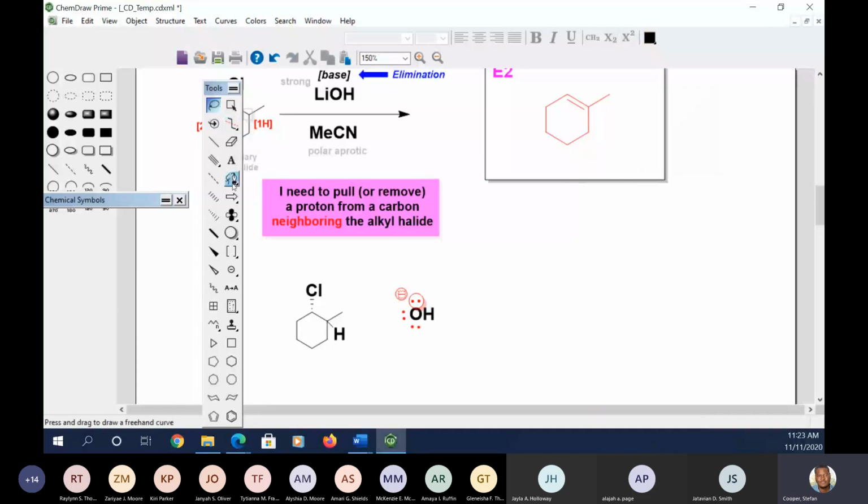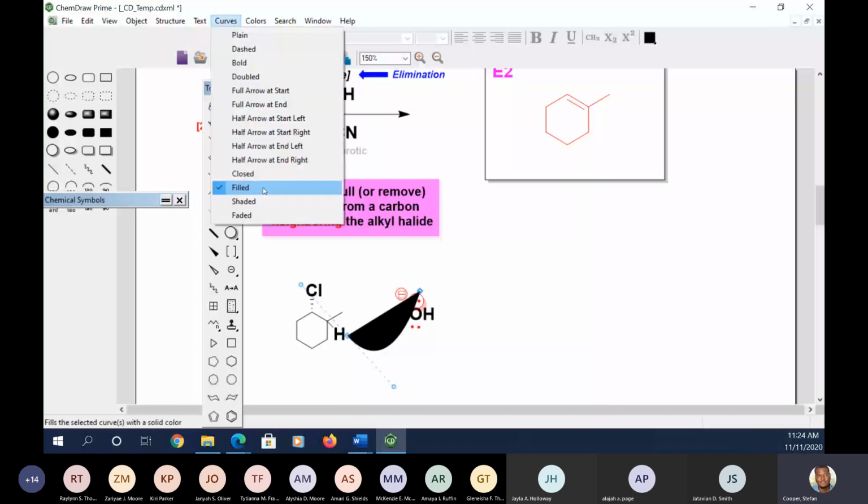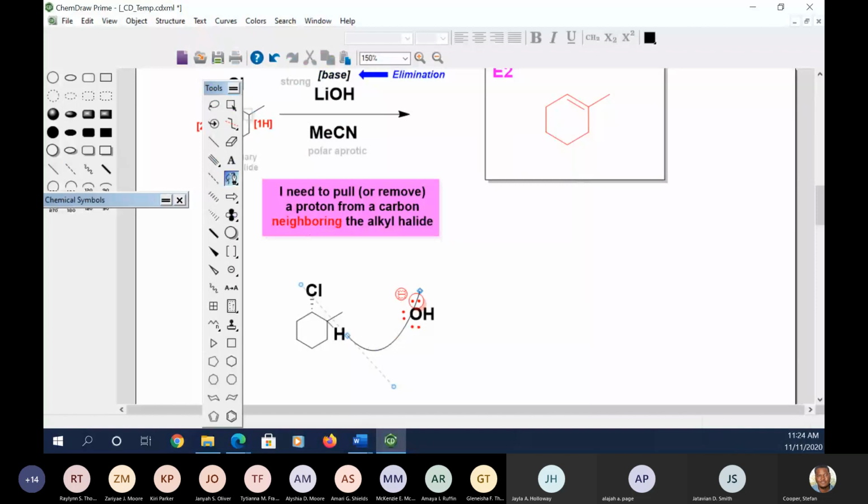I'm going to grab this proton. I'm going to make my own arrows today. It's probably not going to work. I'll try to make my own.